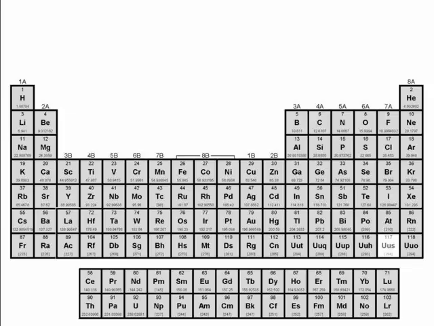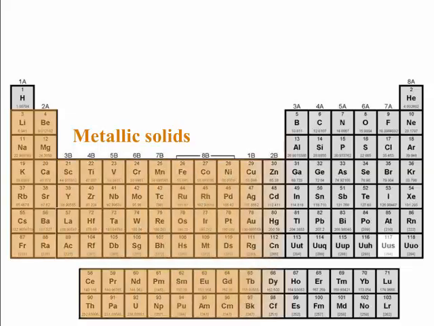Just to go ahead and address some common mistakes. What elements can form metallic solids? Yeah, that would be the metals. Not surprisingly, non-metallic elements cannot form metallic solids. What types of crystals form from these elements in yellow?